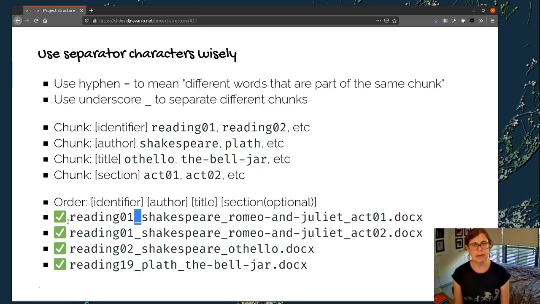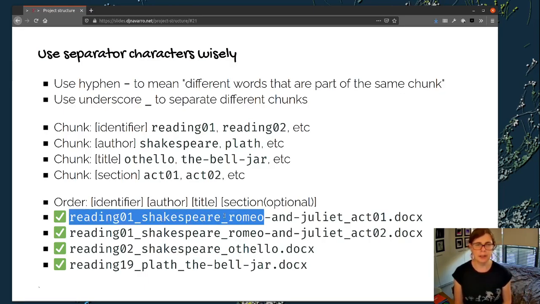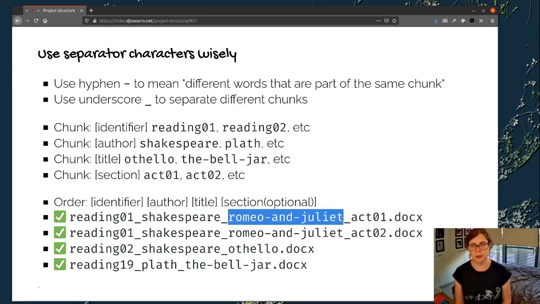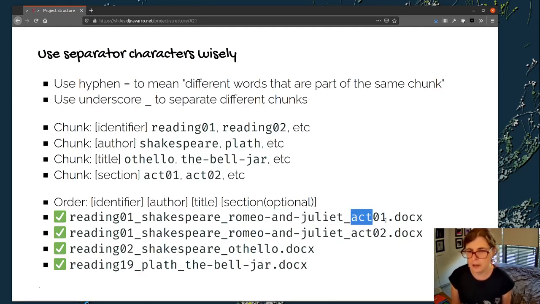So now we've got reading 1, new chunk, that's why we've got an underscore there. Shakespeare being the author. Another new chunk, Romeo and Juliet, and then because apparently we've got separate files for Act 1 and Act 2, you can see that there is another chunk there at the end.